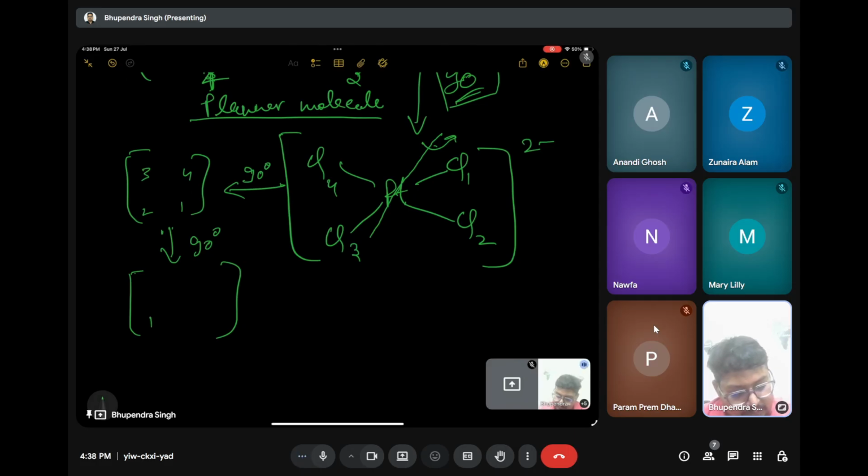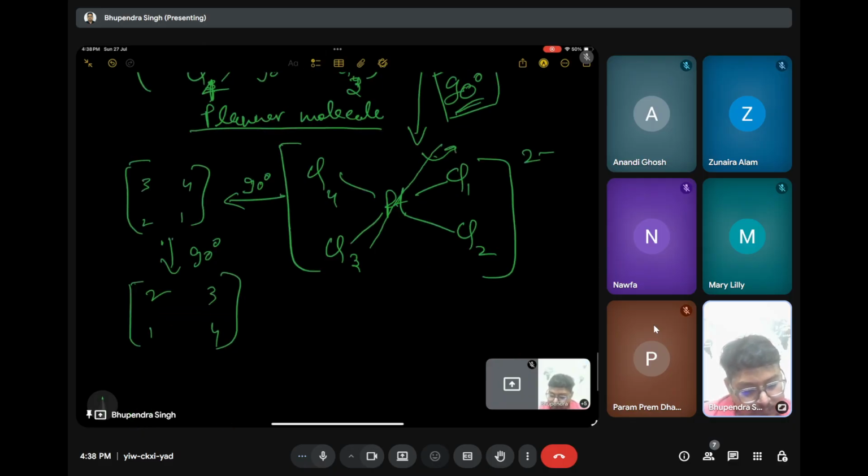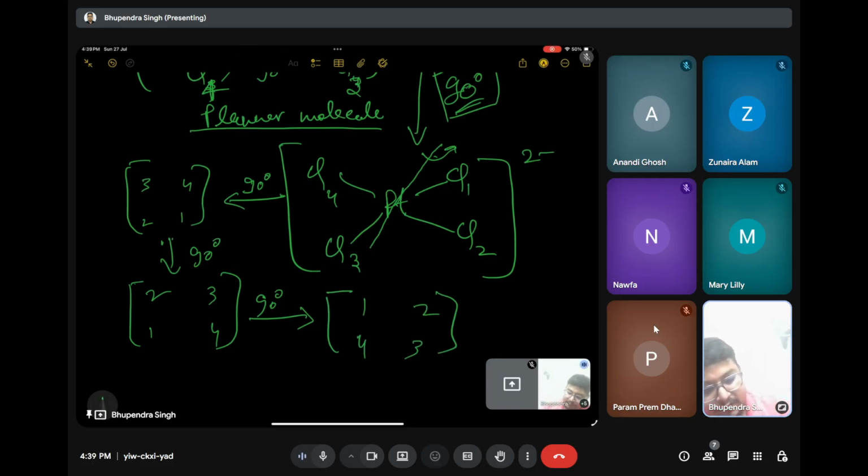This is 1, 2, 3, 4, again 1, 2, 3, 4. I believe you are following what these 1, 2, 3, 4 are. This is just the notation: Cl1, Cl2, Cl3, Cl4, Pt. This is the 2 minus Pt Cl complex.